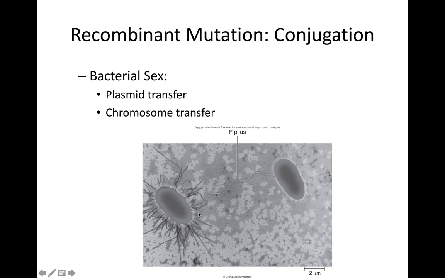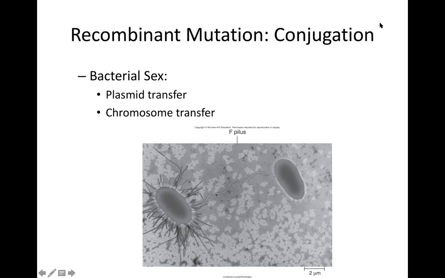And so this connection that's formed between these two bacterial cells is actually relatively unstable. Plasmids are a lot smaller than chromosomes, and so it's easier to get a plasmid across this F pilus before this connection is broken compared to trying to move a whole chromosome.